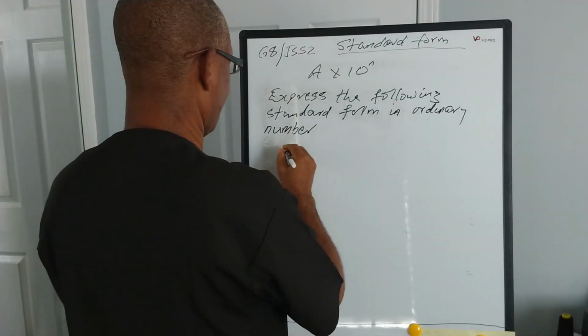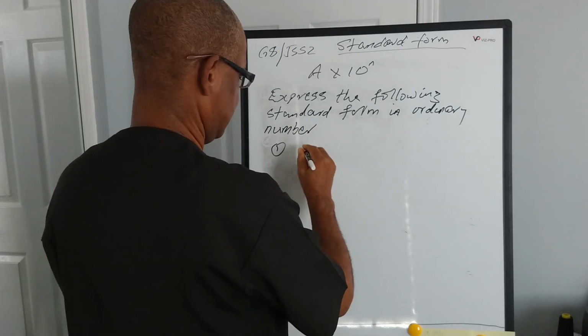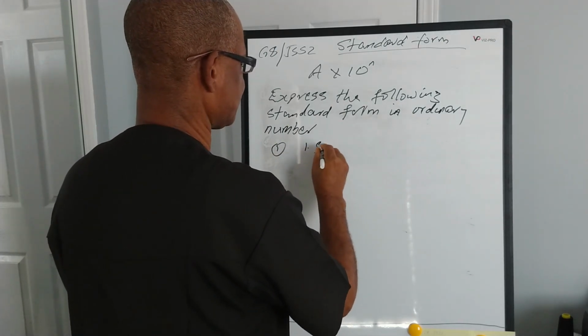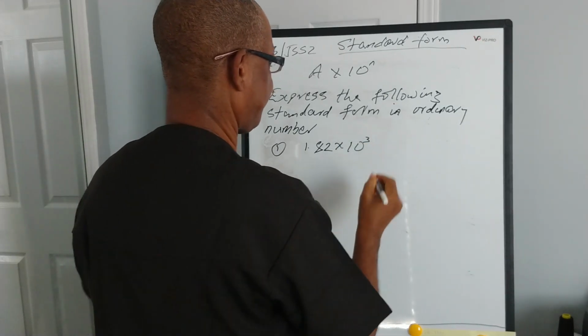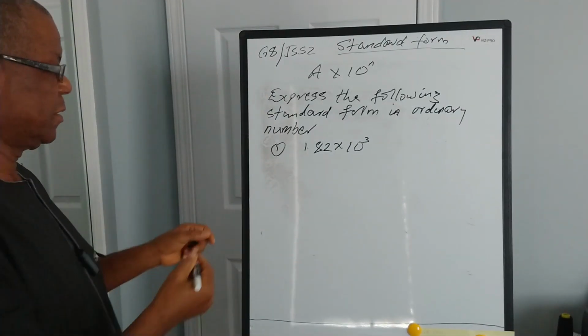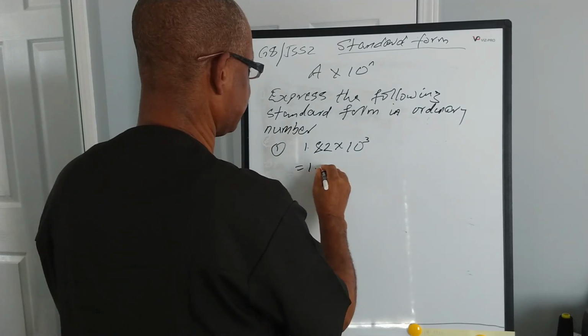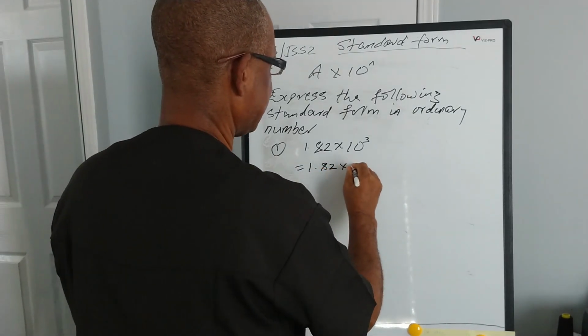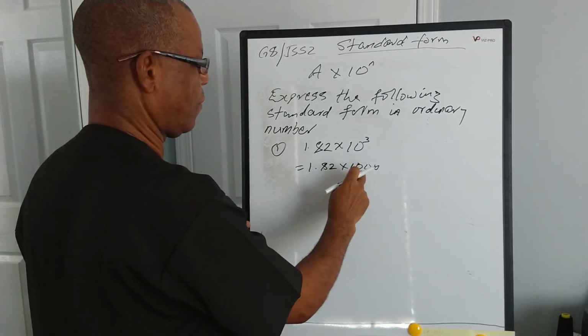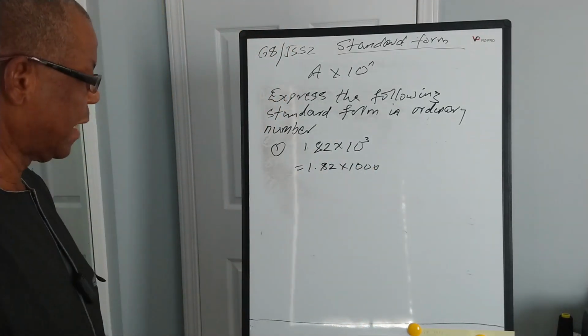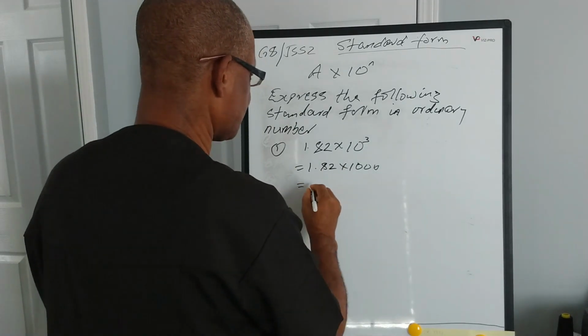Let's have this as example 1. This is 1.82 times 10 raised to power 3. This is the same as 1.82 times 1000, 10 raised to power 3: 1, 2, 3 zeros.